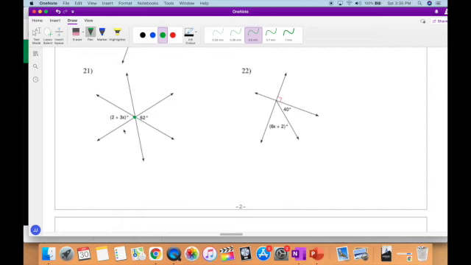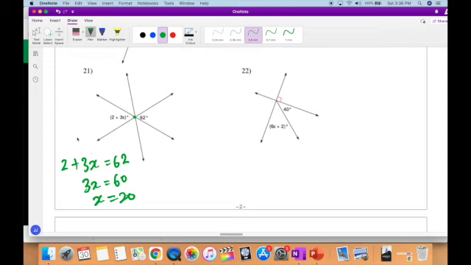So these are vertically opposite, so that means they are equal. So 2 plus 3x is equal to 62. Therefore 3x will be 62 minus 2, which is 60. x is 20.